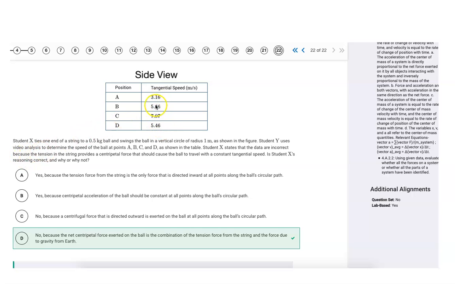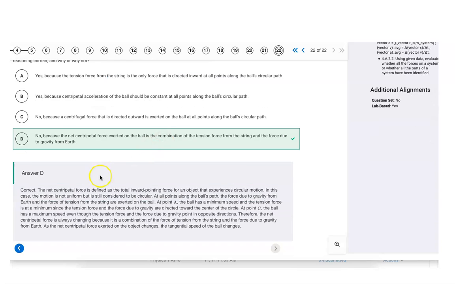So it's not a random error. It's definitely something going on here. We have to conclude that in this situation, it's not uniform motion, it's not constant acceleration, it's not constant net force.